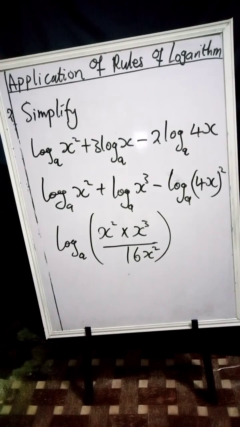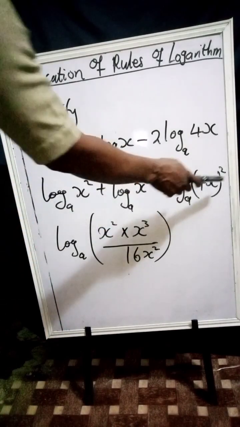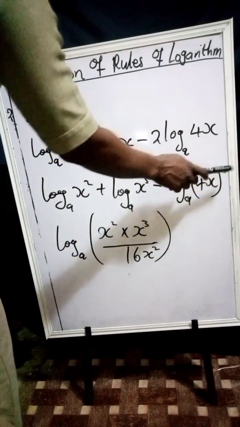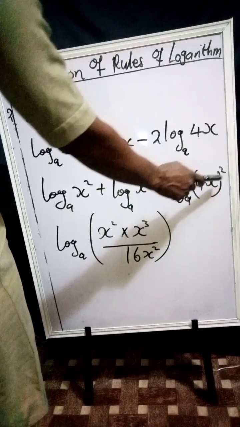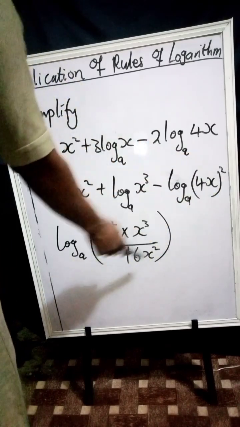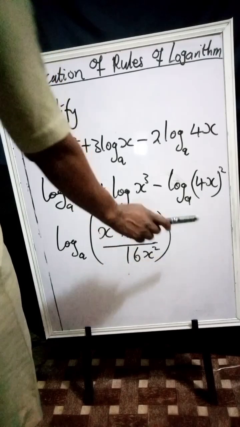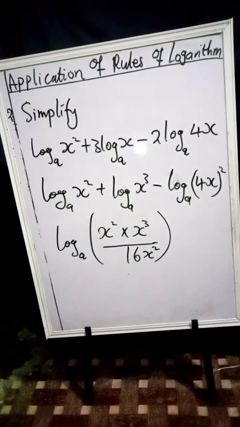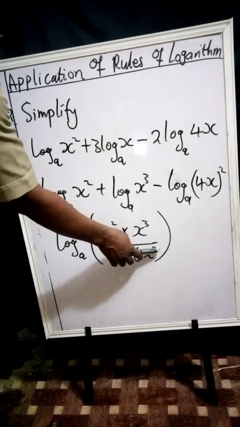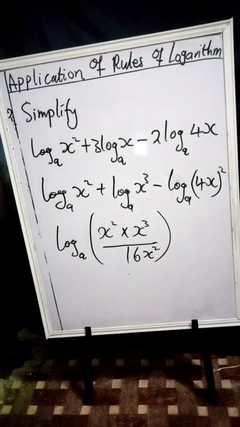And that is that, because this power 2 applies to everything in brackets. So 4 to power 2 is 16, and x to power 2 is x squared. Okay, what is the next thing we have to do? Remember that this 16x to power 2 is the same thing as 16 multiplied by x to power 2. So what do we have to do?